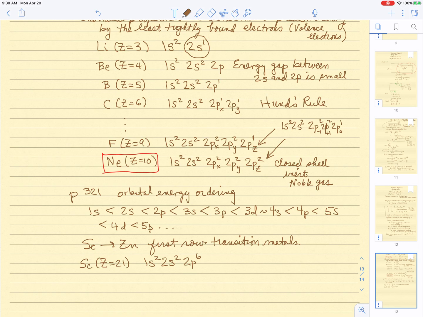We could have labeled those using their designations from the hydrogen study. But you've got to keep in mind that these are not real orbitals.